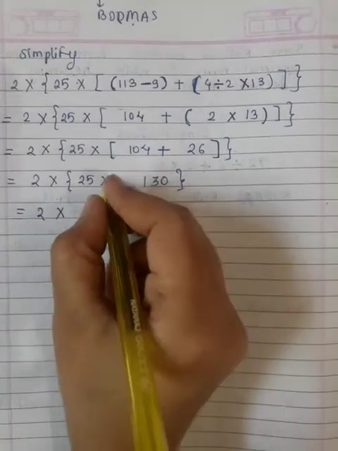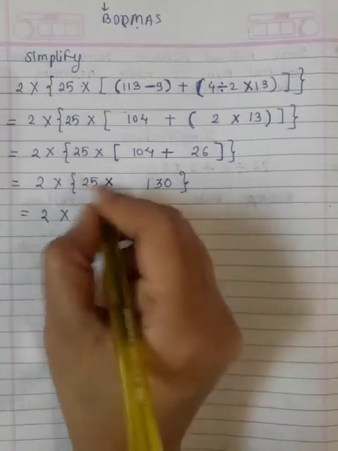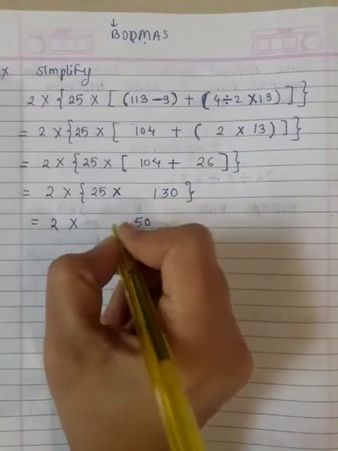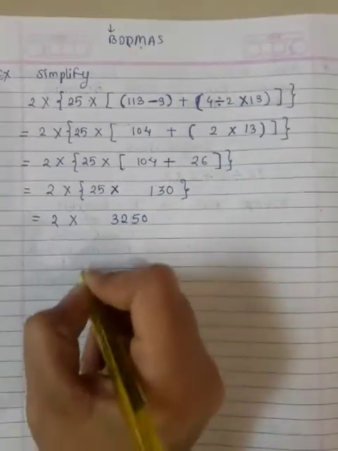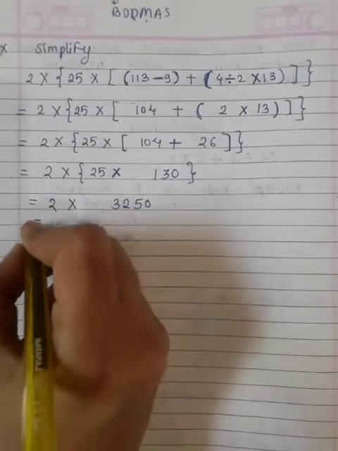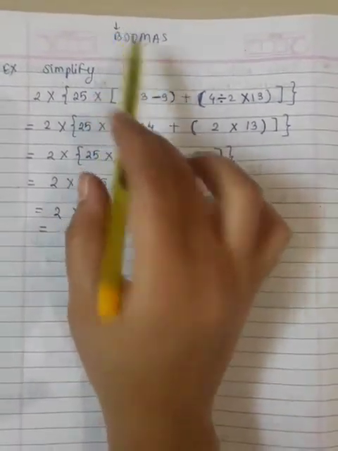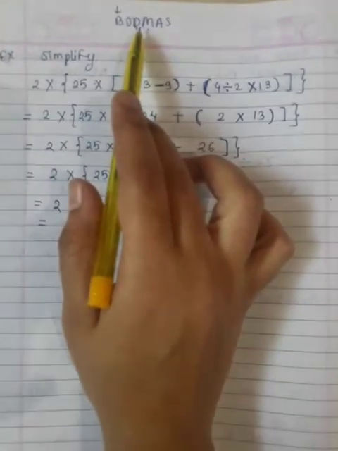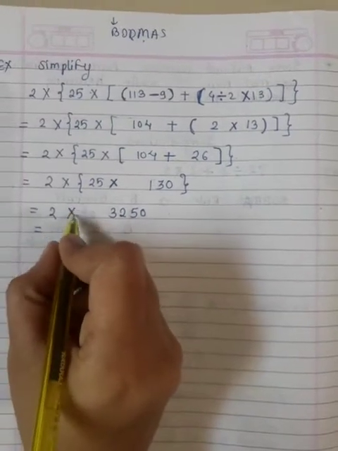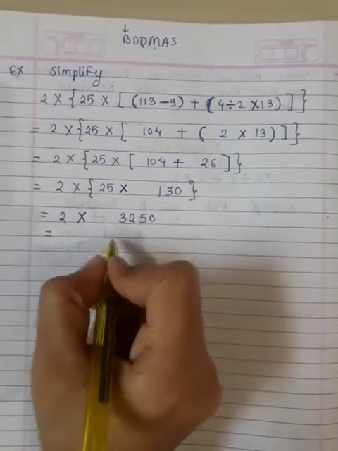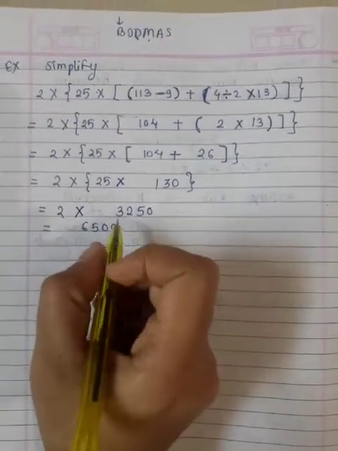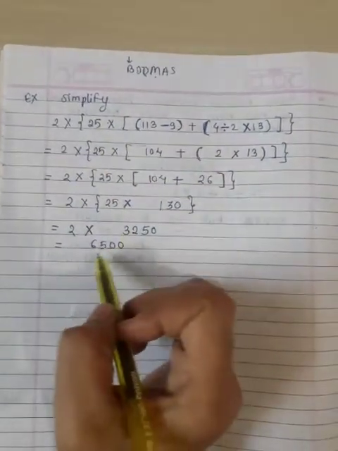Now in curly bracket there is a multiplication, 25 into 130, so 25 into 130 gives you 3250. Okay, now see again, we solved all brackets first, and now there is only one operation, multiplication, 2 into 3250, so it gives 6500. So value of this expression is 6500.